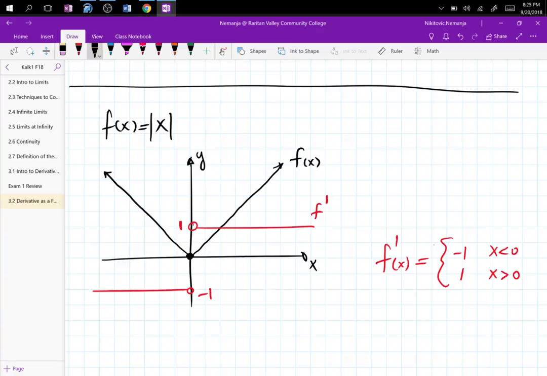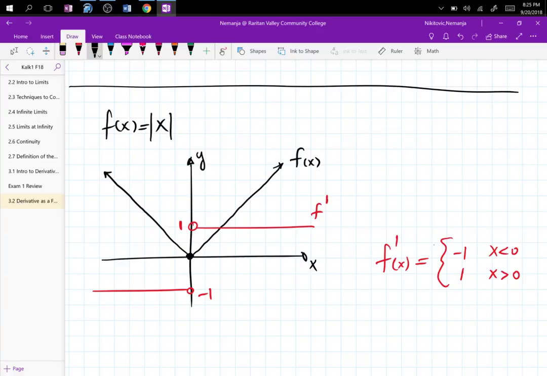So, the derivative is a function. We are not allowed to assign that 0 to any of the values. You have to keep that point 0 out in this particular case.